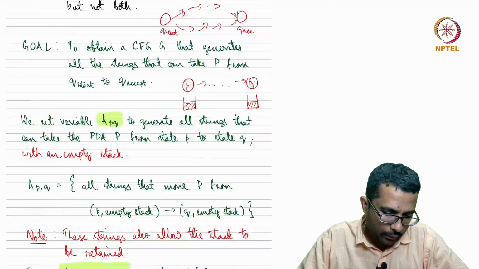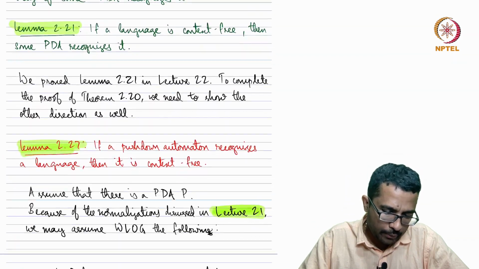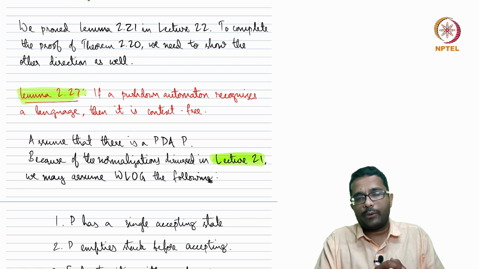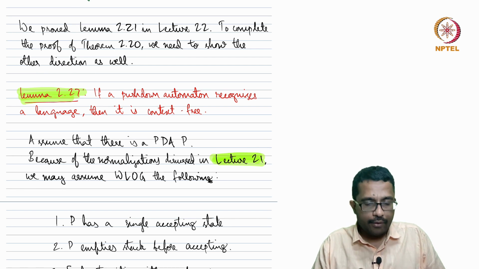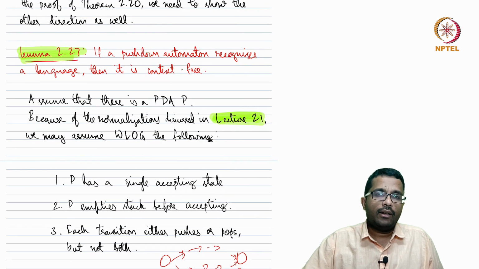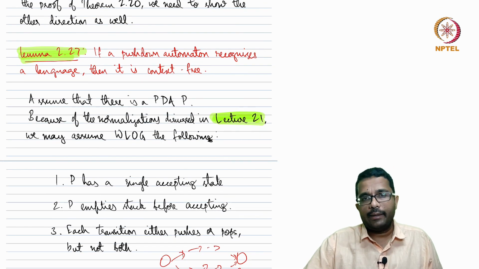So just to summarize what we saw, the goal was to prove the direction of the theorem which says that if a PDA recognizes a language, then that language is context free. The approach was to construct a grammar given a PDA.